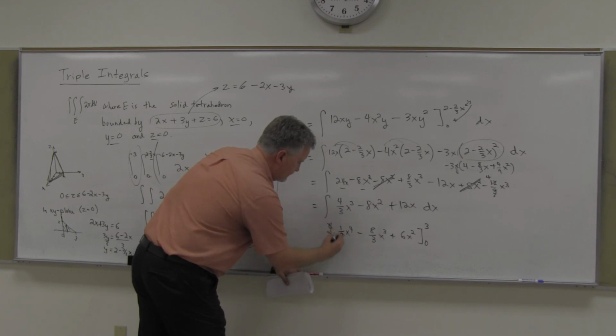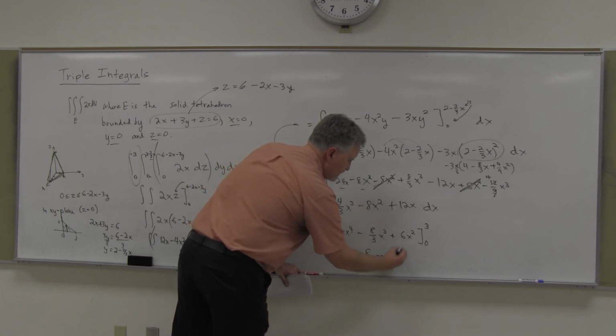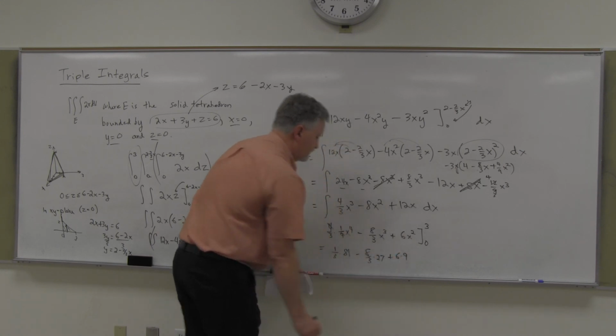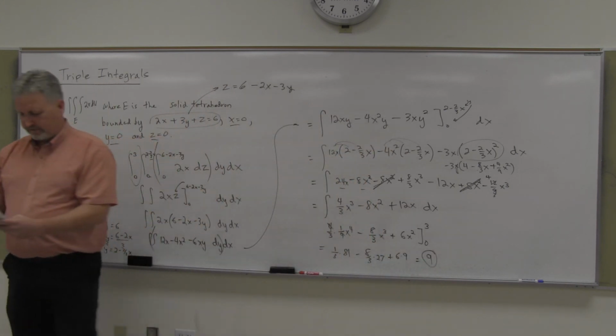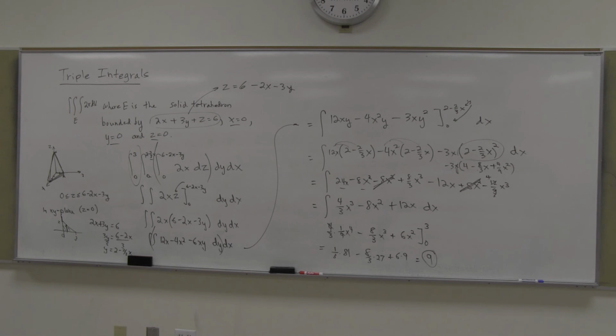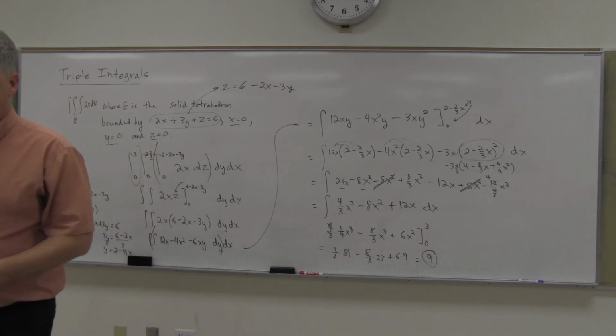That's nice, that would be 1/3 times 81, 8/3 times 27, 6 times 9, 54. Sorry, the right side. The answer is not yet. Question or concern?